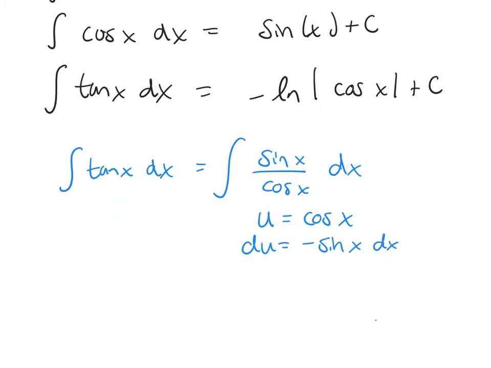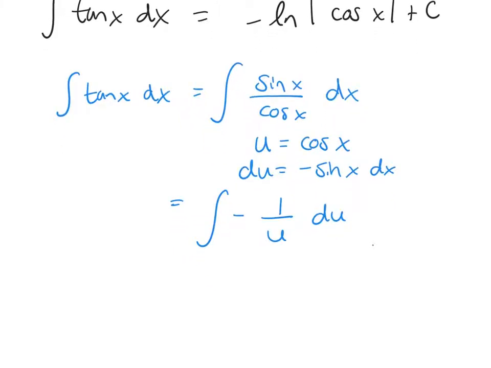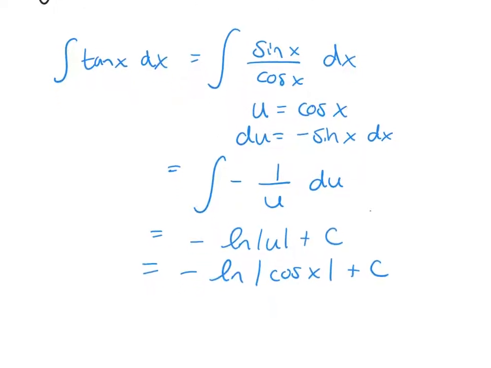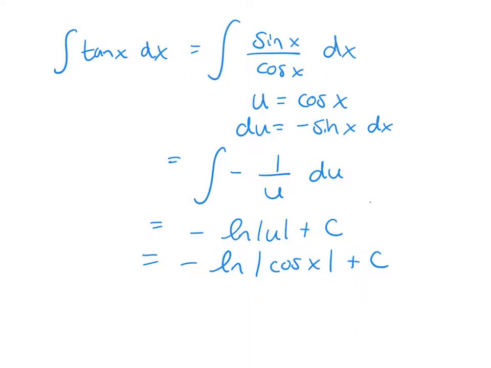So when I make this substitution, I'm going to get negative 1 over u du. And we already said the integral of 1 over u is natural log of u, so negative natural log of u plus c. And then u was cosine x. That's how you actually find that integral.